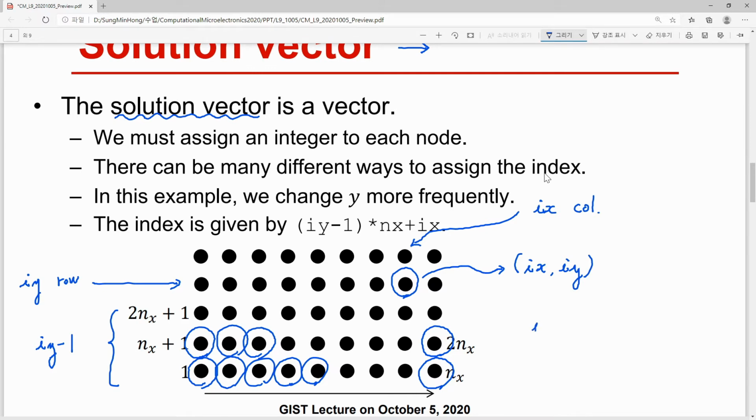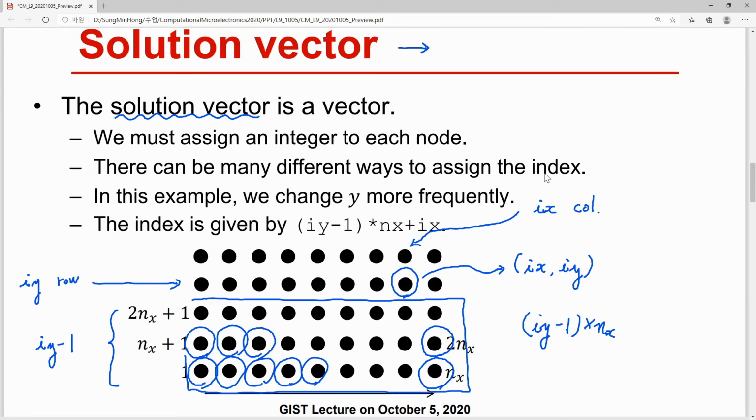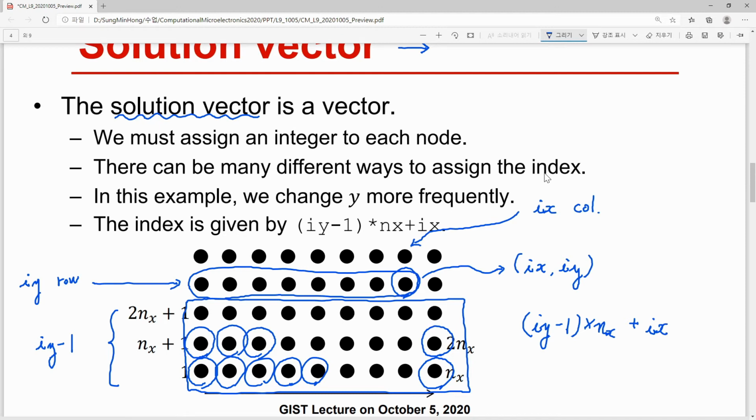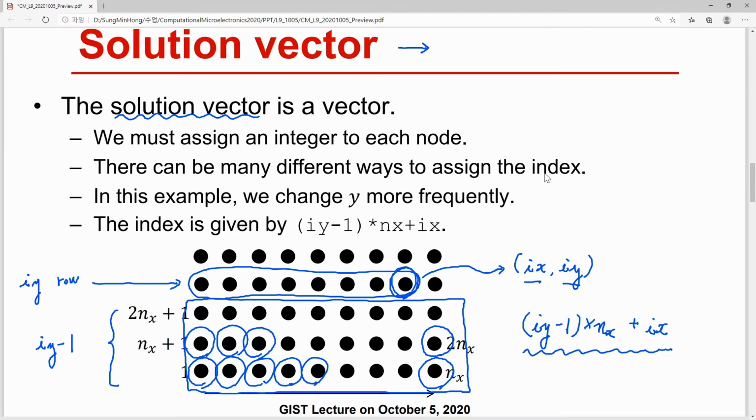We have iy minus 1 times nx, corresponding to the number of points in these completely filled rows, and remaining thing is, okay, we have ix points filled up to now. So in the vector notation, that will be the correct index for a point corresponding to ix, iy.